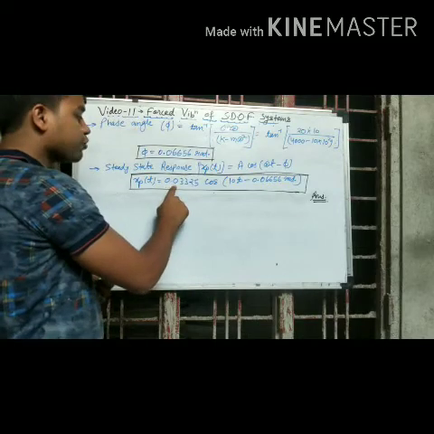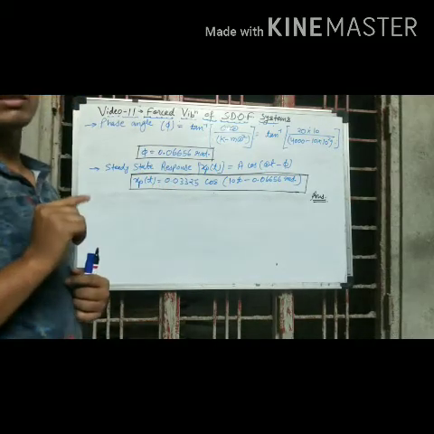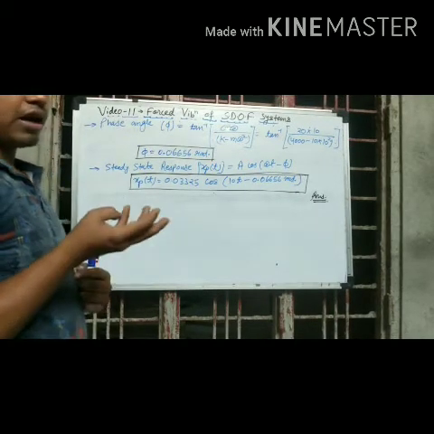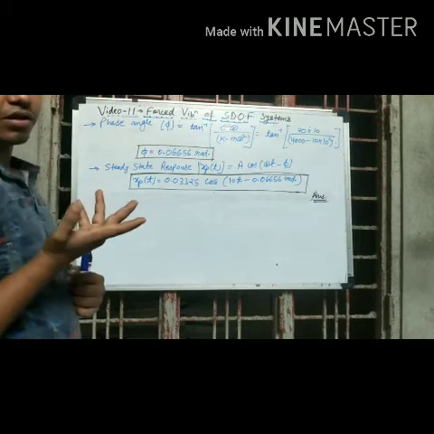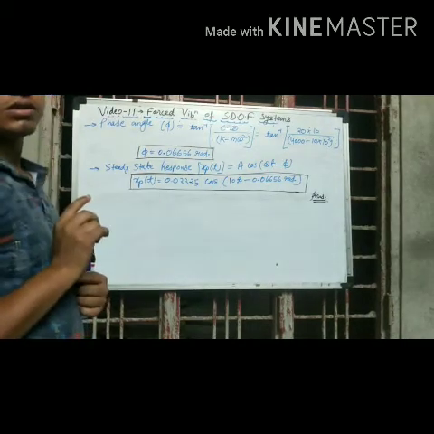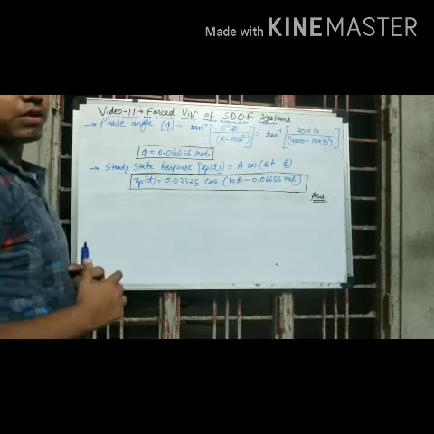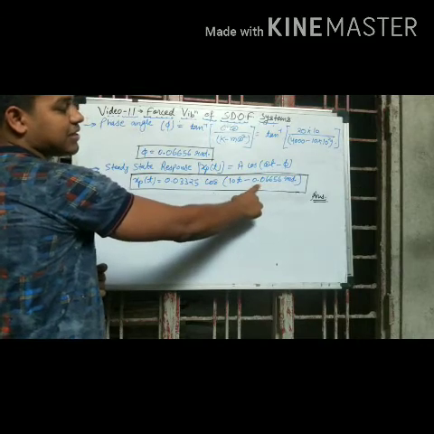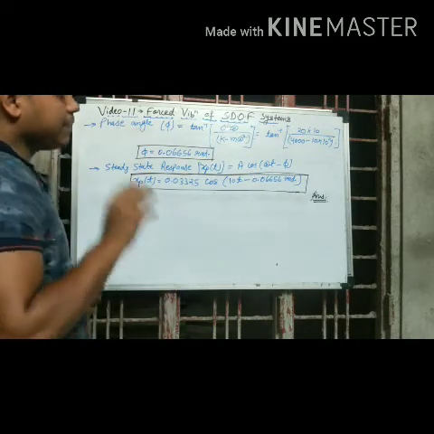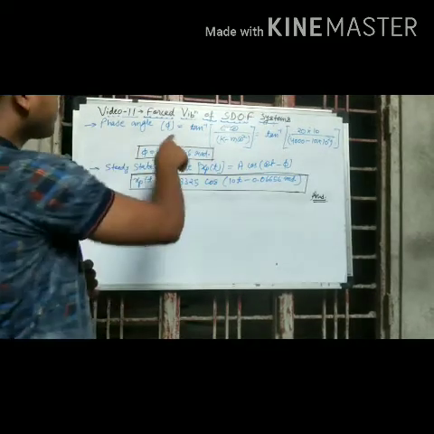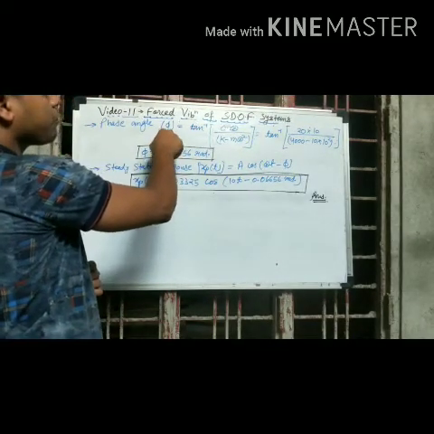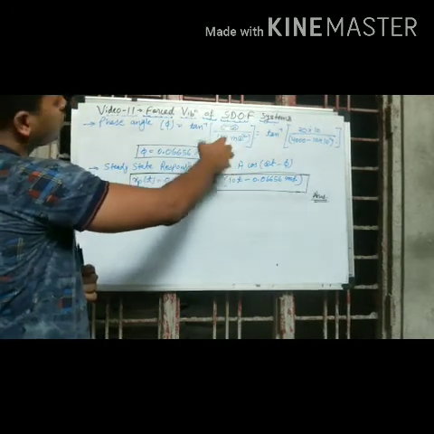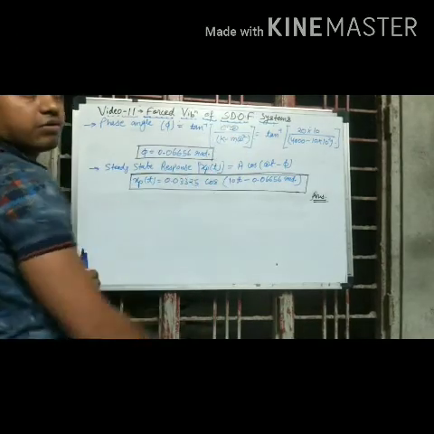What is the formula of amplitude of the steady state response? F naught by square root of (k minus m omega square) whole square plus (c omega) square. Where are we using the initial condition? Nowhere. F naught is given, k is given, m is given, omega is given. So all these things are constants for a given harmonic force, right? So amplitude of the steady state response and phase angle of the steady state response are independent of the initial conditions given. The same thing applies to phase angle also. The formula of phi is tan inverse of c omega by k minus m omega square. Which quantity do we need to calculate based upon the initial conditions? None of the quantities, because all the quantities are constant only.